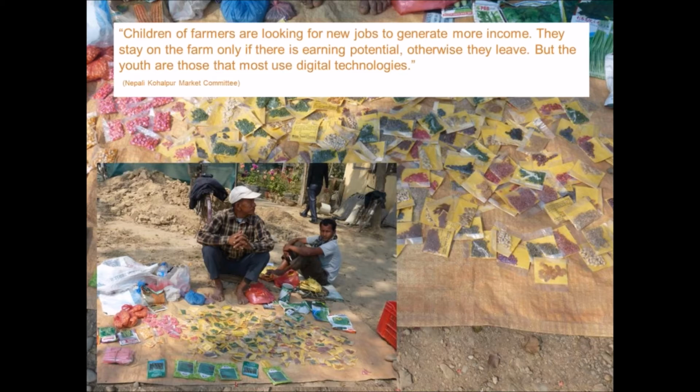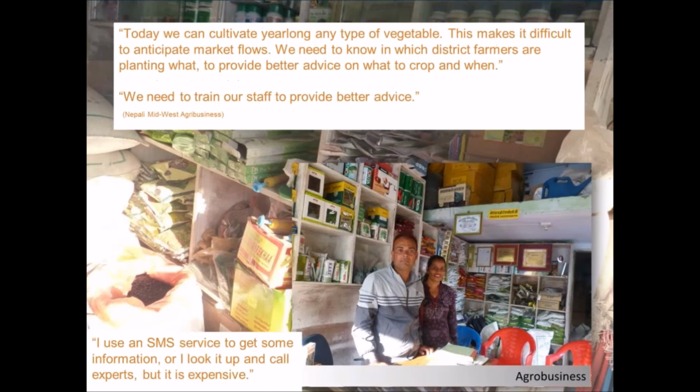And the reason why it's important to keep their interest, to make the farm a valuable place for youth to work, is that they are the ones that best know how to use technology, all types of technology, including digital technologies.